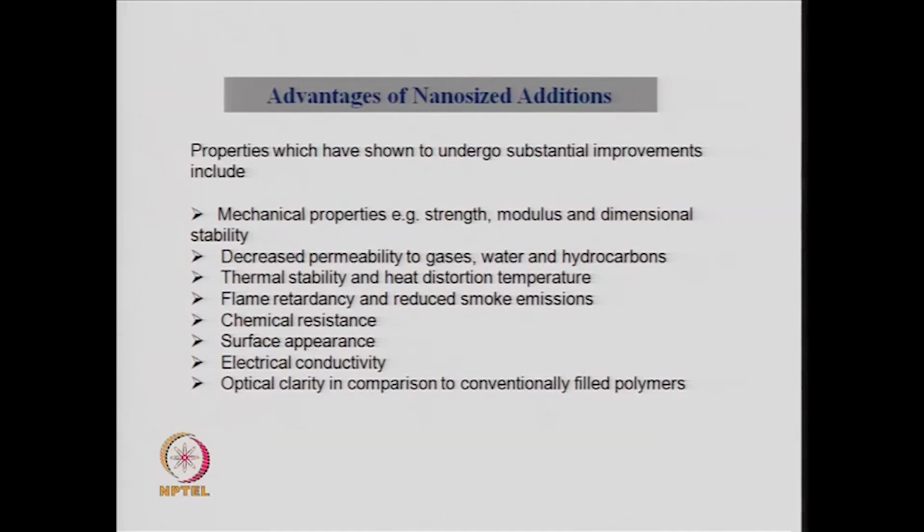Now, what are the advantages of nano sized additives? All the properties that you can think of can be improved, and substantial improvement has been seen. For example, in the mechanical properties of nanocomposites, because you have these nanoparticles which are in a matrix, and this matrix can be of a polymer or of an inorganic or a ceramic which is an inorganic solid. The strength of the composite will become much higher when you compare with the strength of just the bare particles put together.